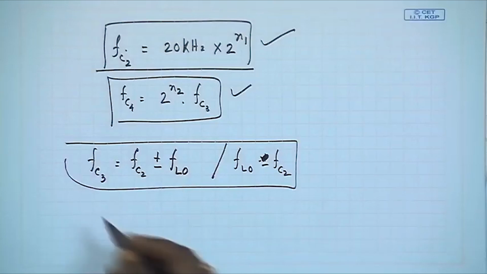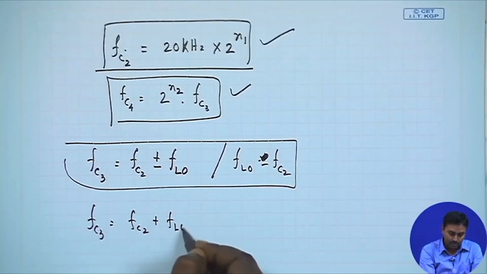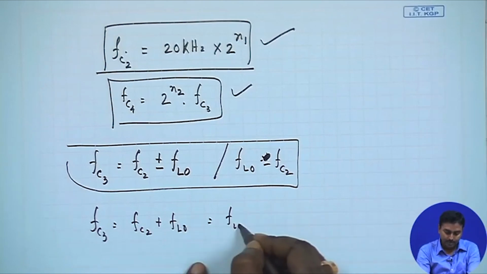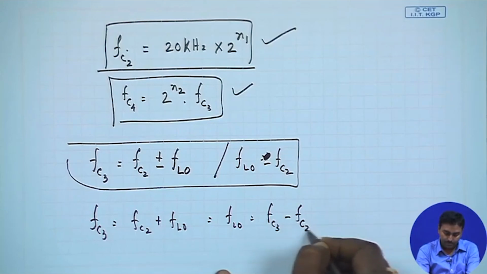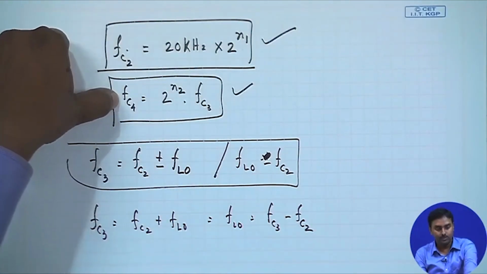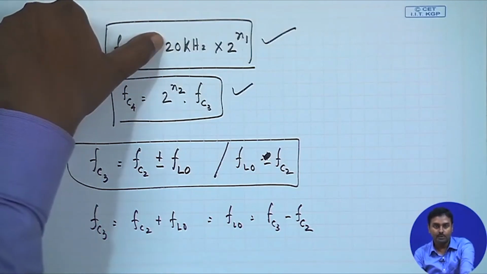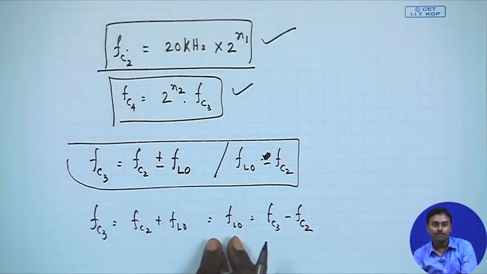Suppose in the first case I take Fc3 equal to Fc2 plus FLO, then immediately FLO will be Fc3 minus Fc2. Okay. So, Fc3 you can represent with respect to Fc4 which you know, and Fc2 you already know. So, once you start putting that, you will get a relationship for FLO.